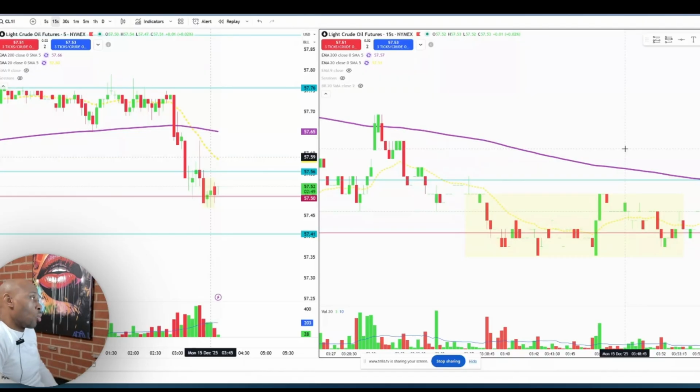Also, depending on what instrument you trade, the spread might be wide between the buy and the sell, so that can affect your profit or your loss. And you still might not have as many opportunities because of the lack of volume, so price might consolidate a lot more.